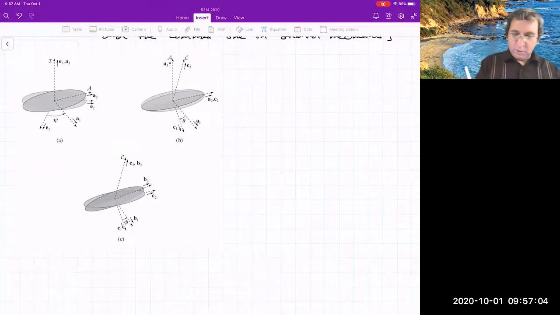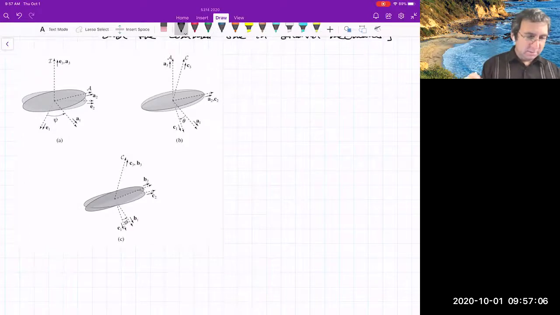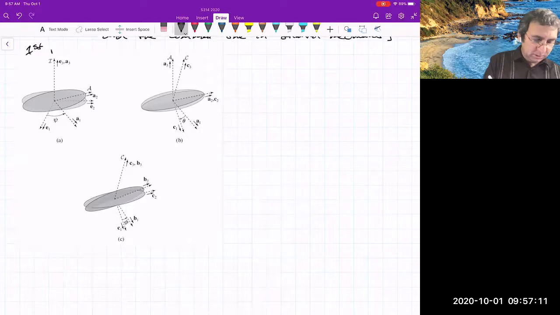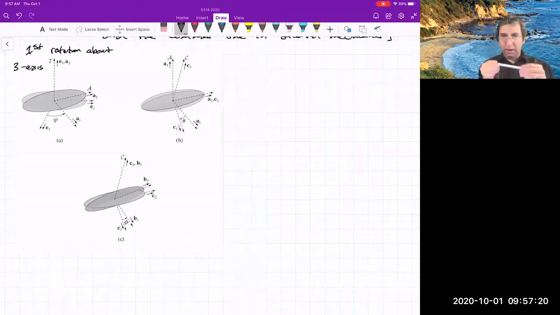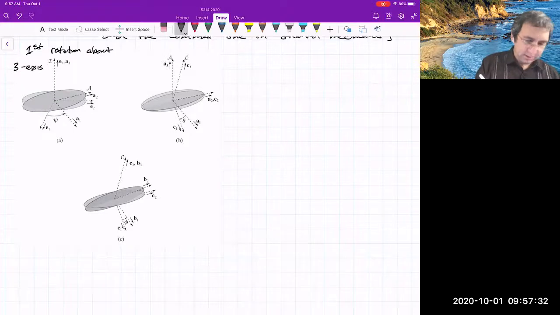But we first do a rotation. So you first consider a rotation about the number 3 axis. So if you have a body, like my phone, I don't know which one we've chosen as the number 3 axis, but you rotate first about that number 3 axis through an angle psi.